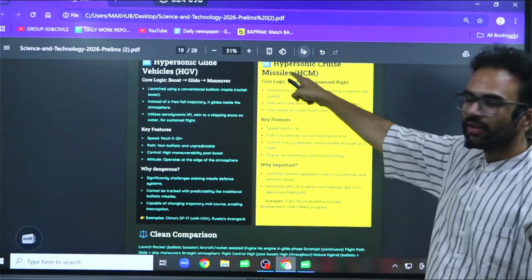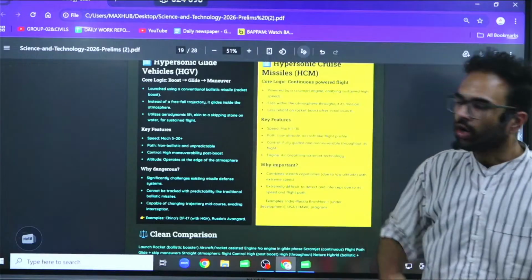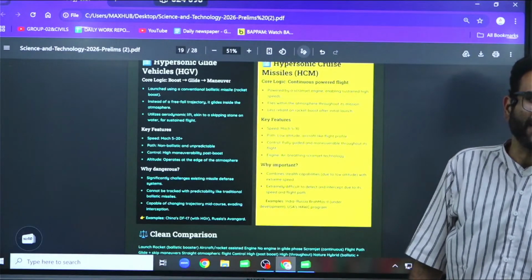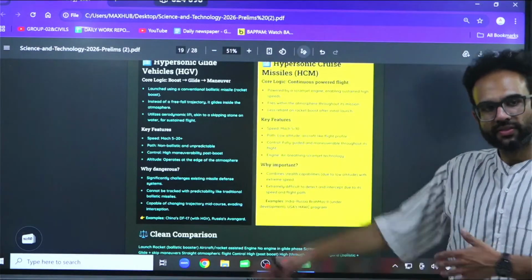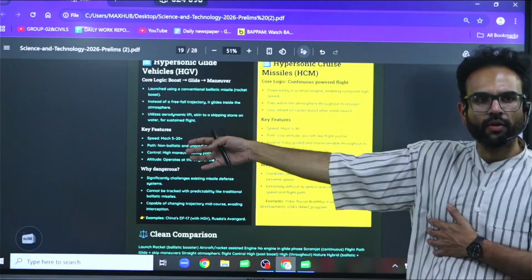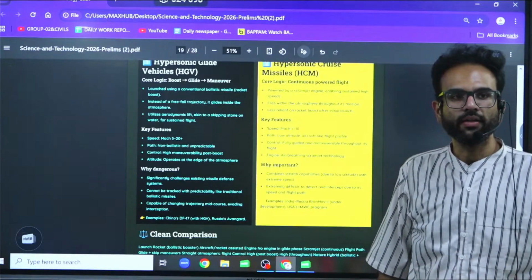This is a cruise missile. This is a normal missile, but once it reaches a certain stage, the ICBM basically will have the ability to move at hypersonic speed, and still can be maneuvered.